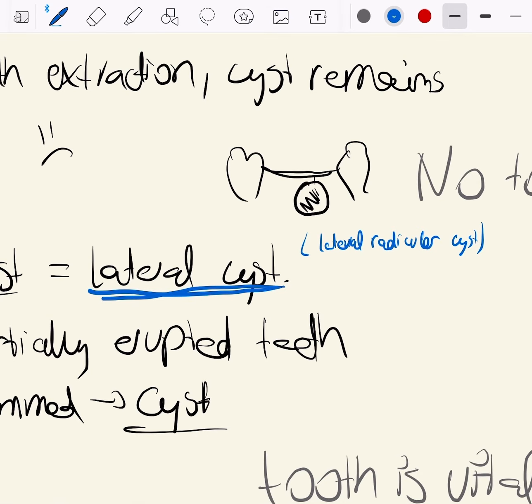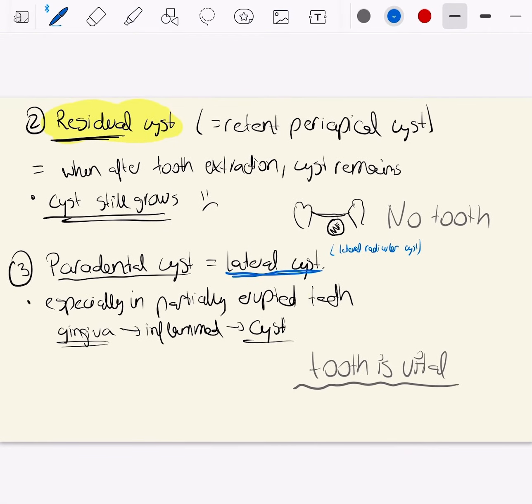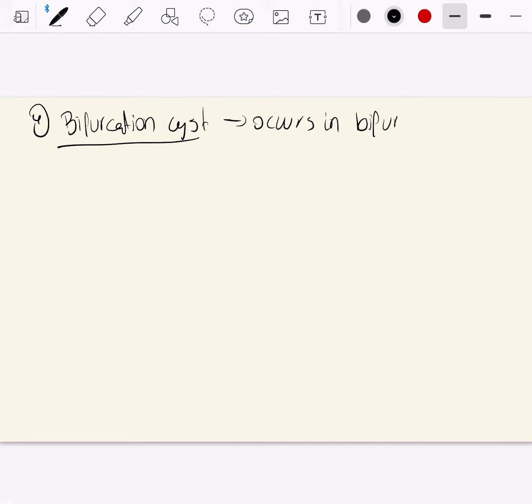So coming to the last type, it is called the bifurcation cyst. Bifurcation cyst, from the name, occurs in the bifurcation area, and it is rare.